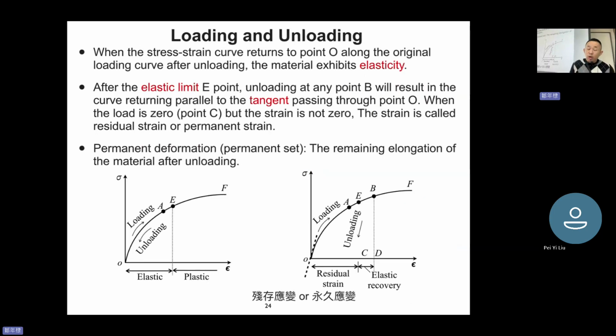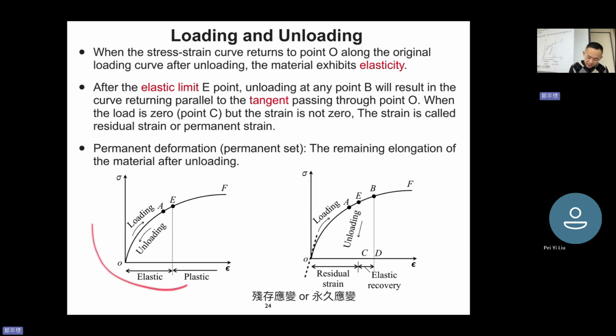So let's talk about loading and unloading. When the stress-strain curve returns to point O along the original loading path after unloading, it means the material is in the elastic region. You can see that the elastic region is not always linear.